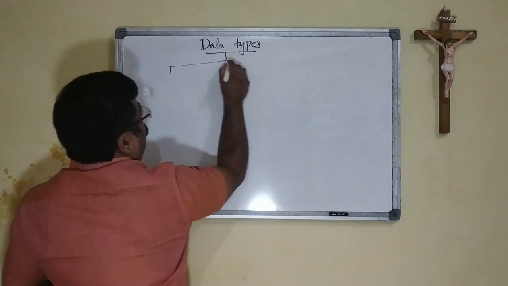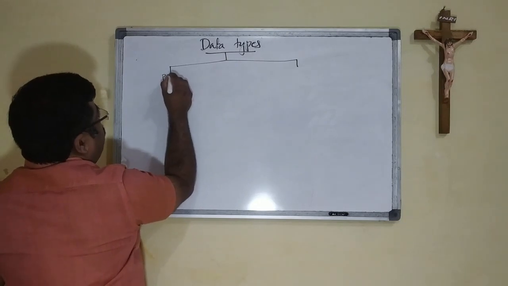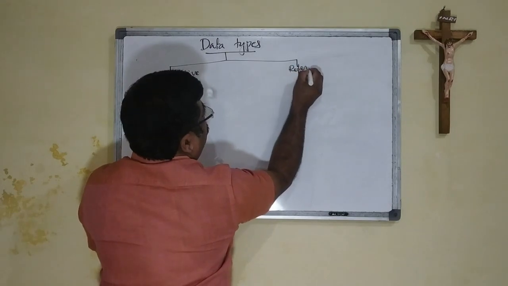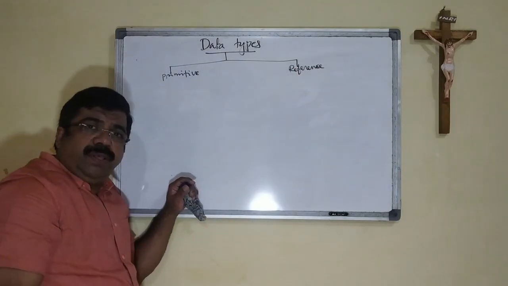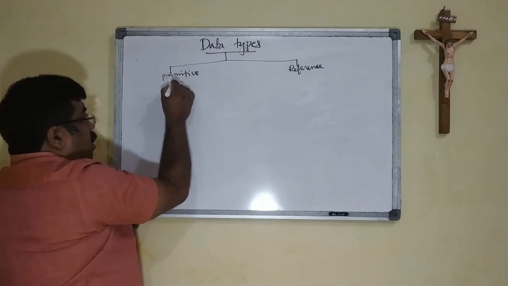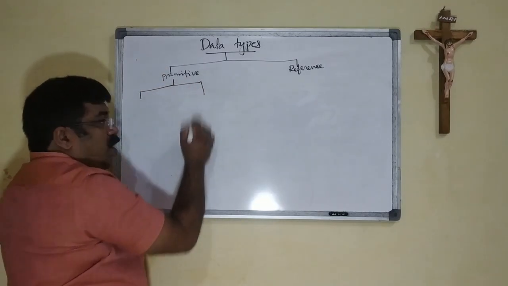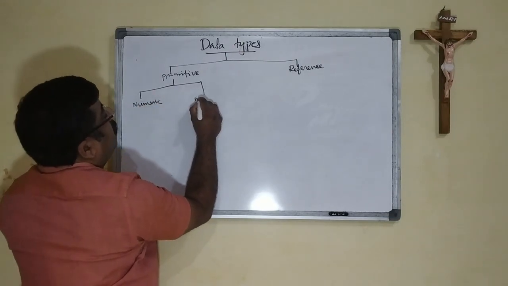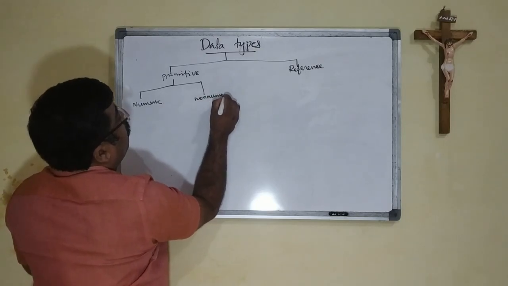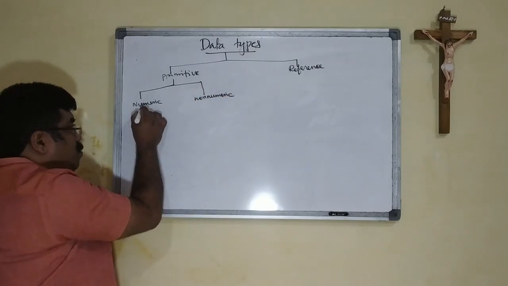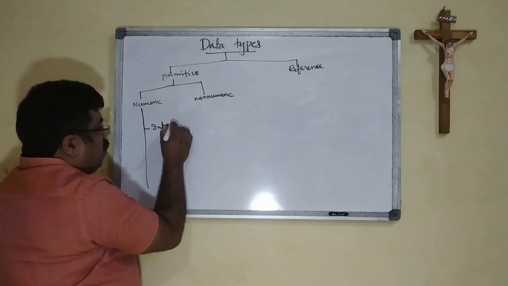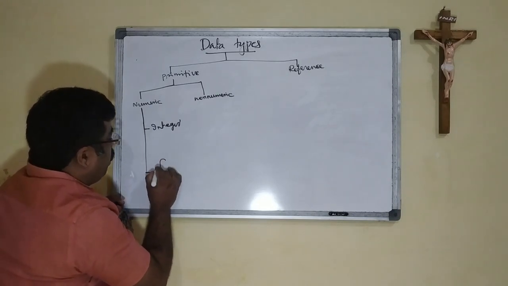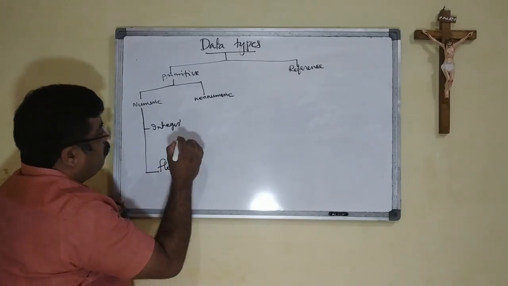Data types are 2: primitive and reference. The primitive data types are mainly divided into numeric and non-numeric. Numeric can be divided into integer ones as well as floating point ones.